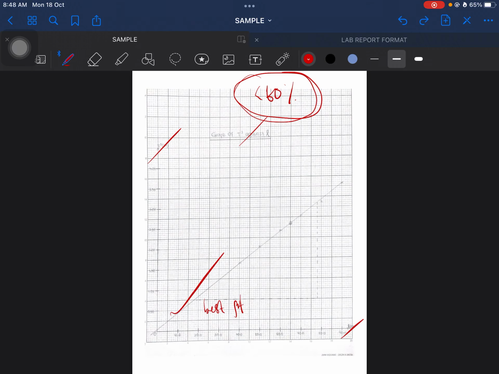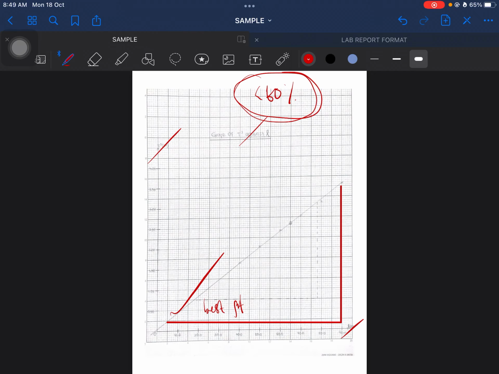I'll still accept this, but if possible, take something somewhere around here. Somewhere around there for your triangle. So this one will not be 11 marks because it misses out some of the important bits.